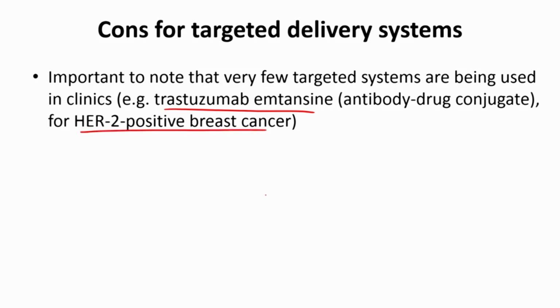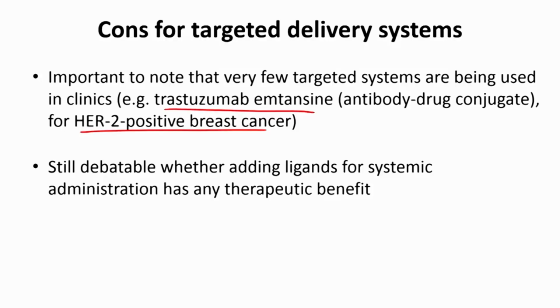If you look in the research phase, a lot of people are using these targeting moieties, but not all of them are being used in the clinics, and the major reason is it is still debatable whether adding these ligands actually results in any therapeutic benefit when you are giving it systemically. So, it is not entirely clear.